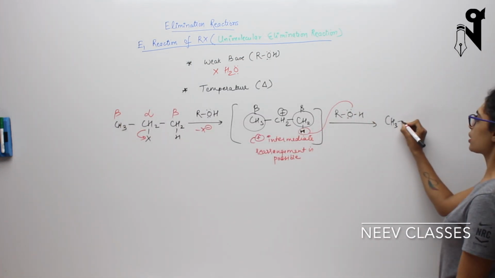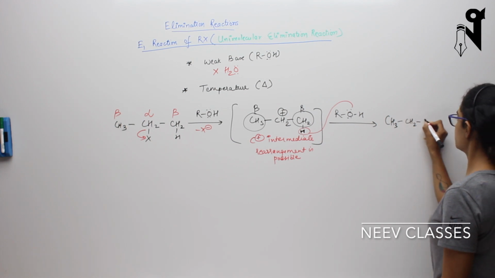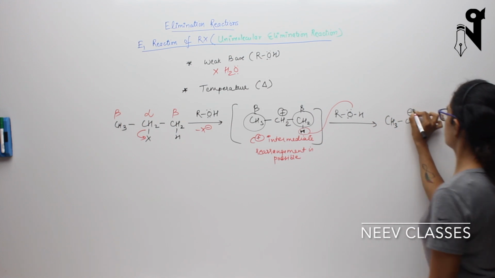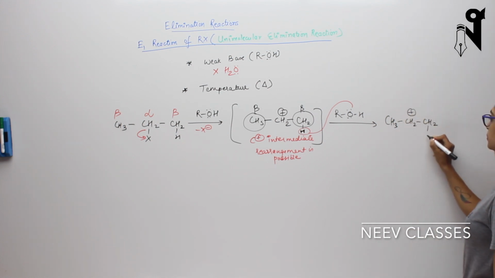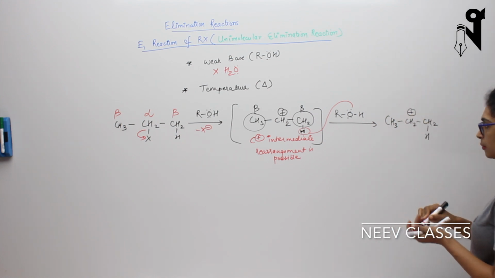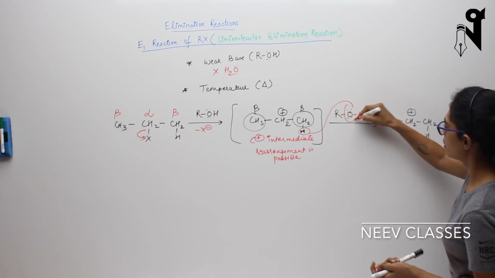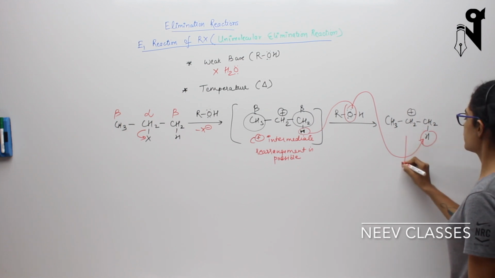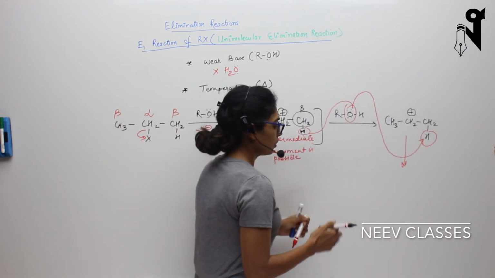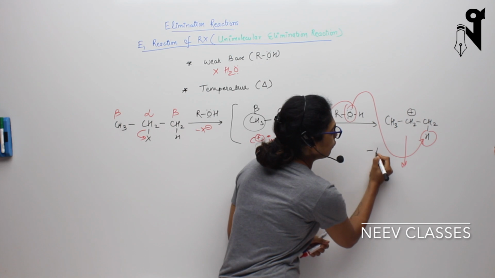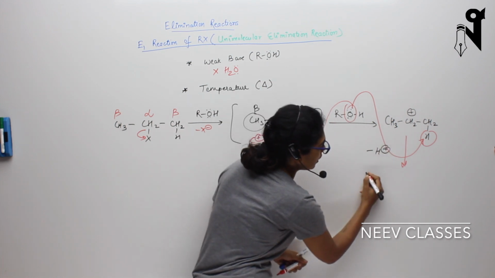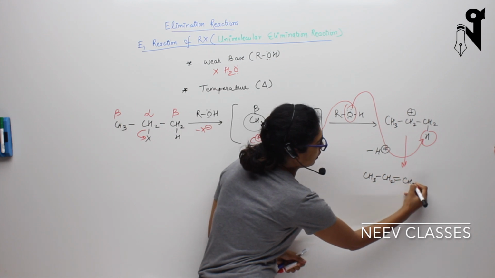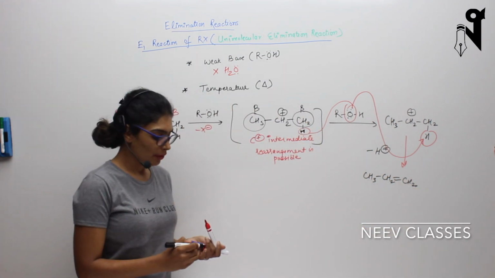The reaction will look like this. This oxygen will try to remove this hydrogen. Hence, removal of H plus will take place and an alkene will be formed.